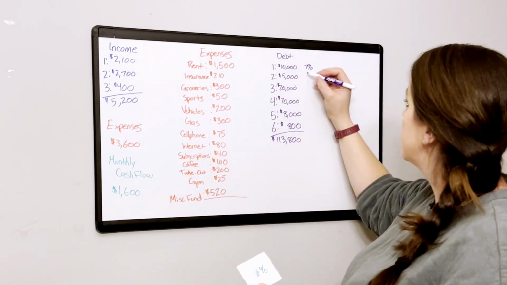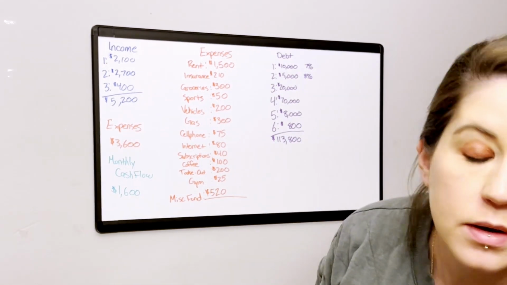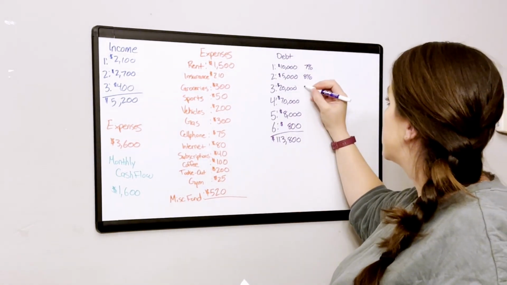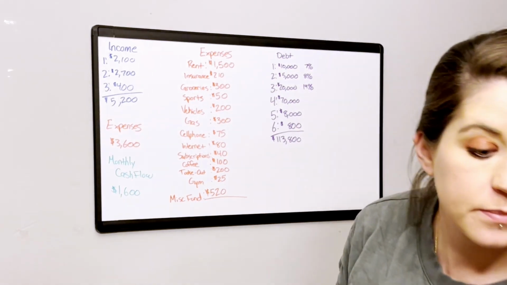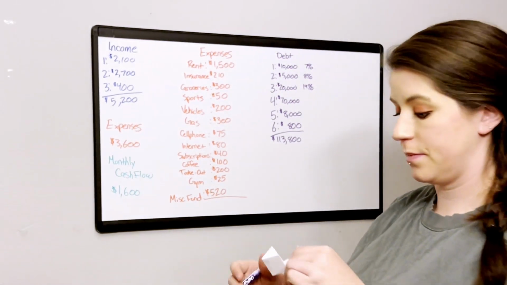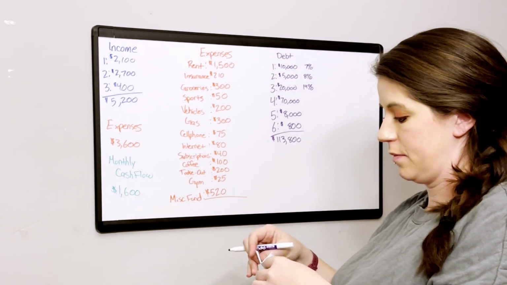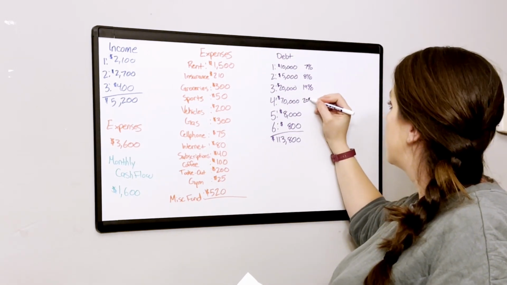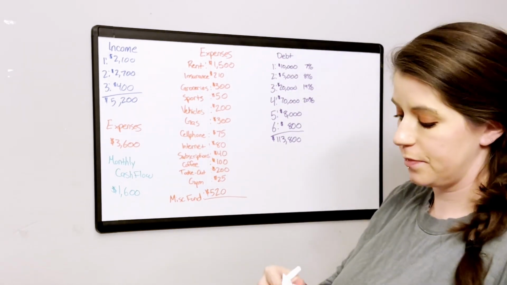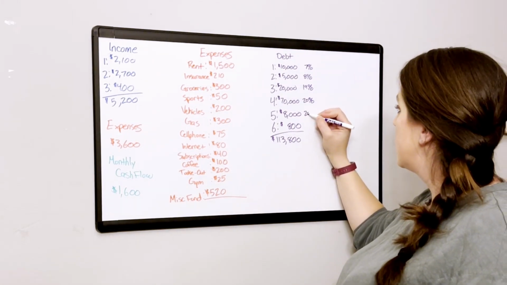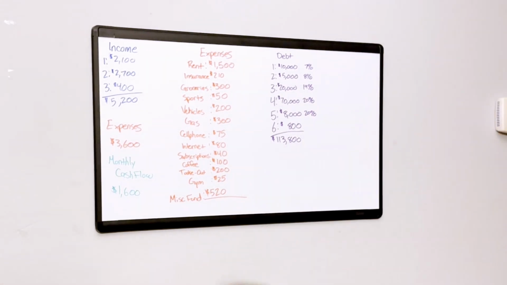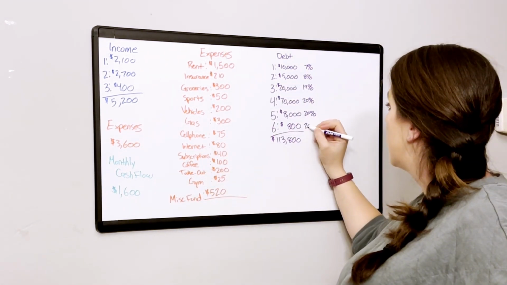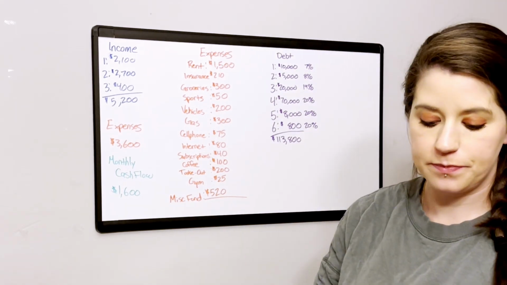Then we have 8%. 19%. 20%, 20%, and 20%.